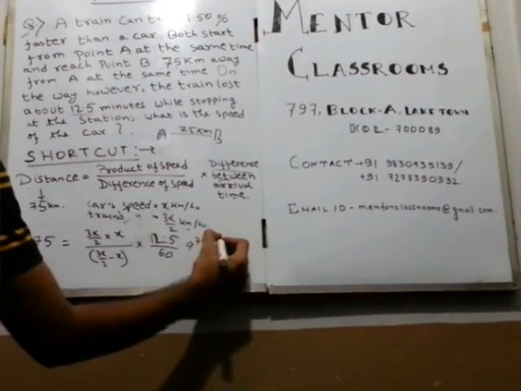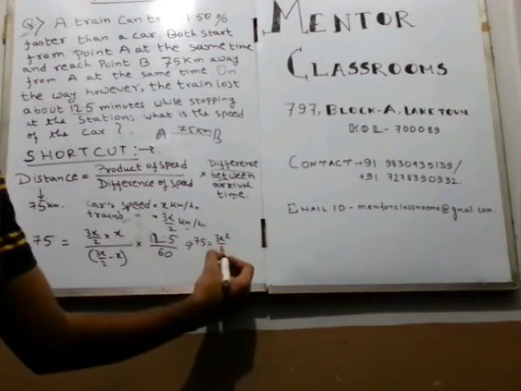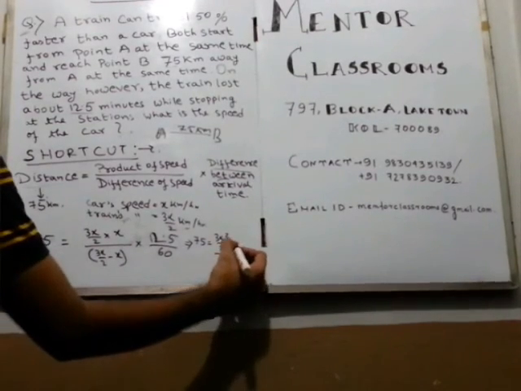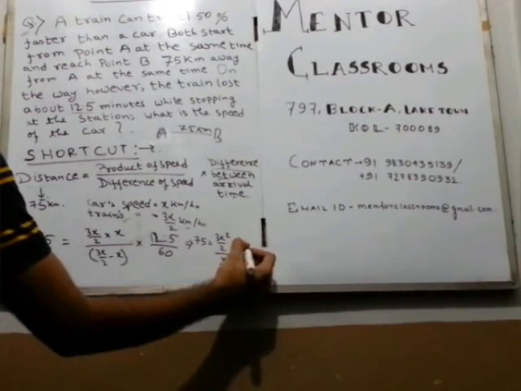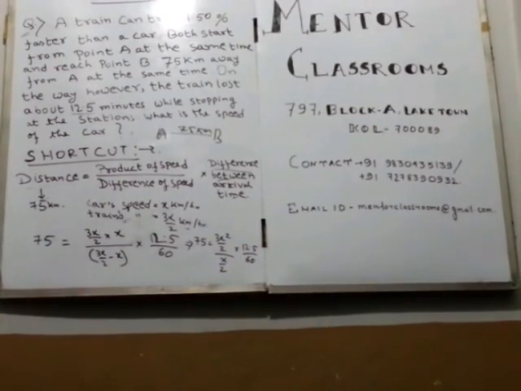So let's see. 75 comes out to be 3x square by 2 divided by x by 2, multiplied by 12.5 by 60.